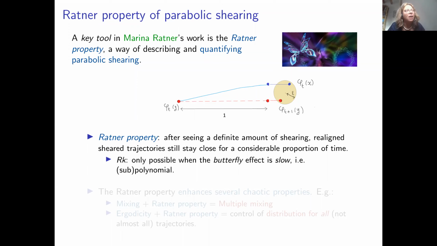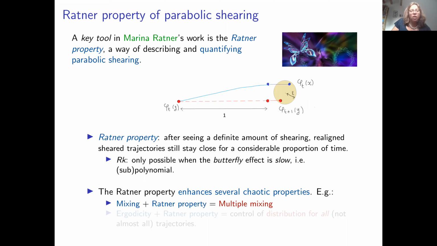So hidden there is the fact about level sets of polynomial functions, the measure of a level set of a polynomial function. Okay, let me not go into that. But it's a key property, and it was used by Ratner to enhance given properties. So for example, if you have mixing and the Ratner property, you can upgrade your mixing to mixing of all orders, or multiple mixing.